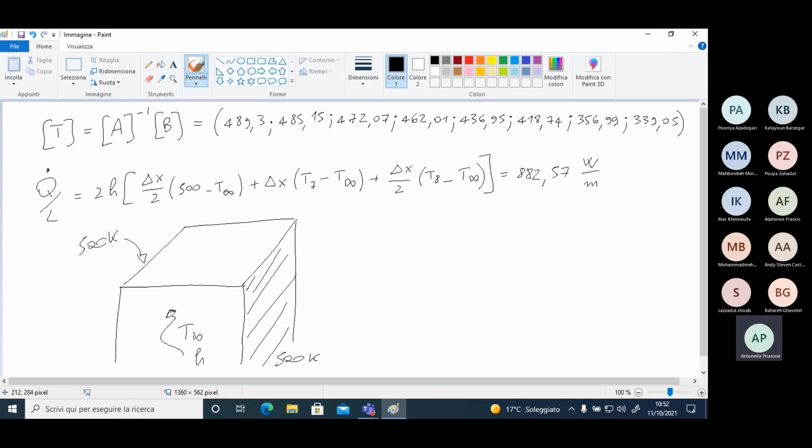I have now to estimate the transfer rate from this side. So I evaluate for unit length, which means for unit height of my column. And here I have a 0.8, here I have a 0.7, here I have a 0.7.